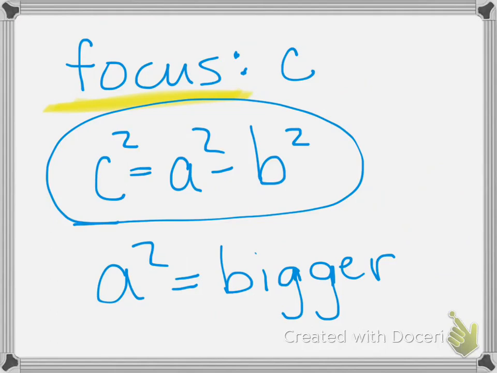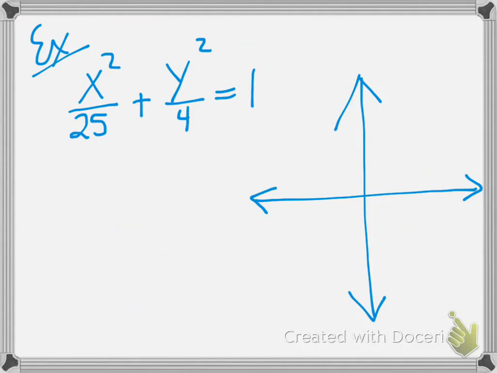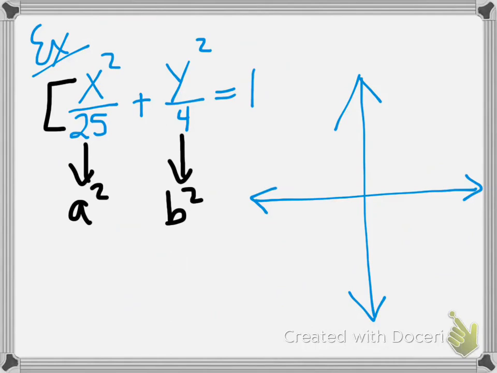Okay, so let's take a look at an example. If I give you X squared over 25 plus Y squared over 4, then this is A squared because it's the bigger denominator. This is B squared because it's the smaller denominator. The X is on top of the A, and so that's going to tell me that this is a horizontal ellipse.